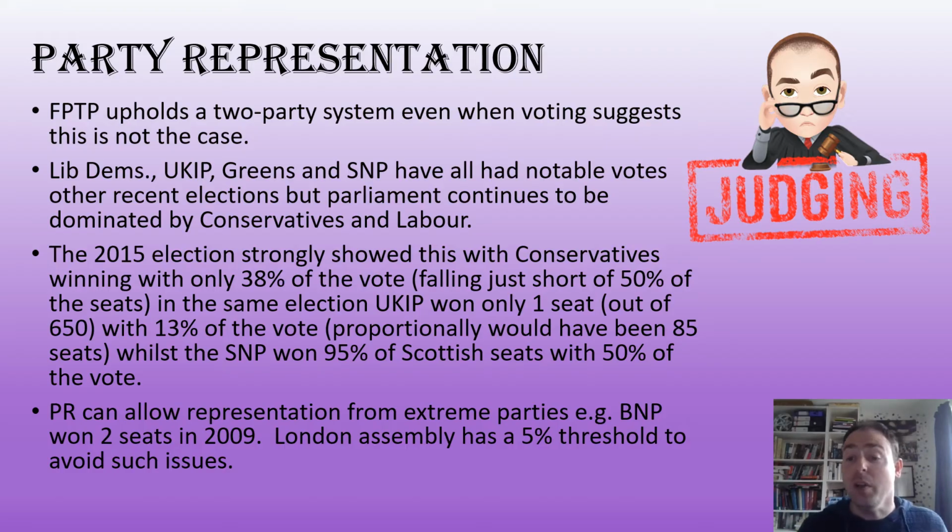Now, it's not only the big two parties that get disproportionately well represented. So the SNP won 95% of the seats in Scotland in 2015, and they did this with about 50% of the vote.